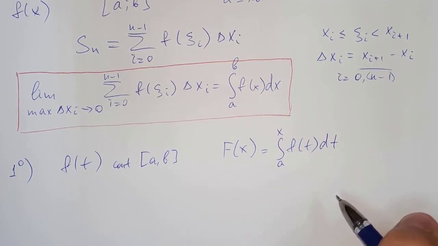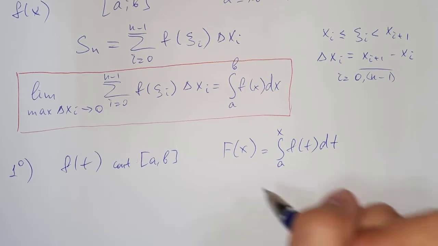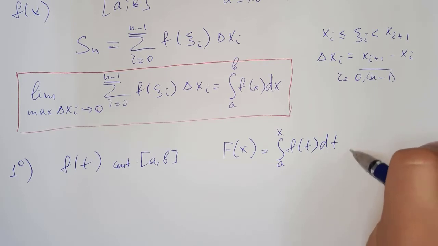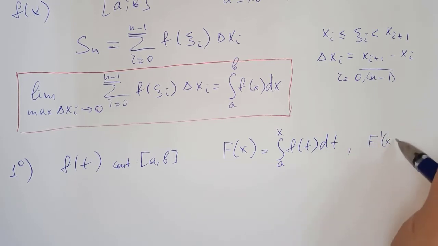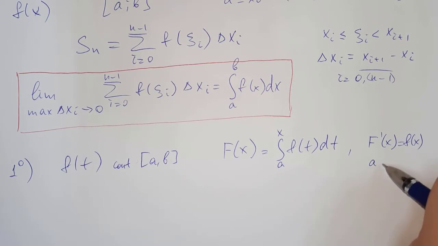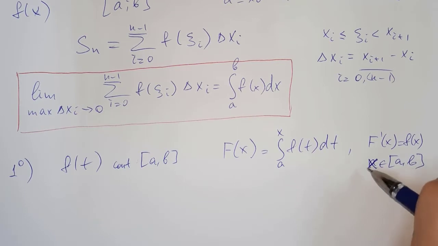F of x is the antiderivative, or primitive, of the function f of x, where the derivative of capital F of x equals f of x for any x from the interval [a, b]. So this is the first method.